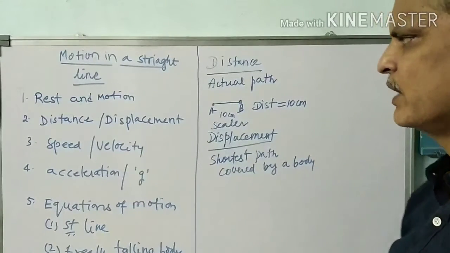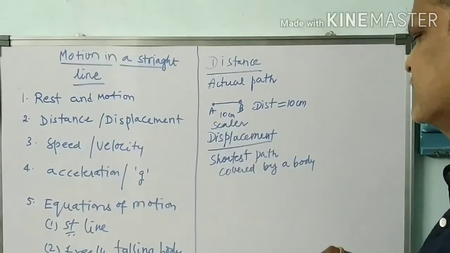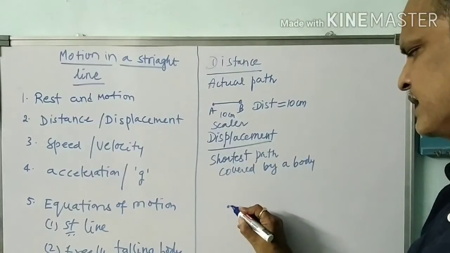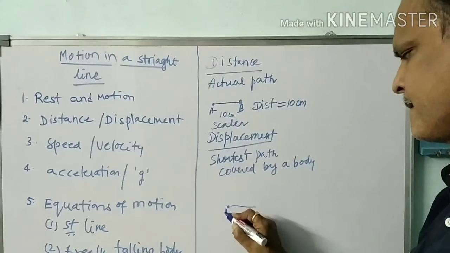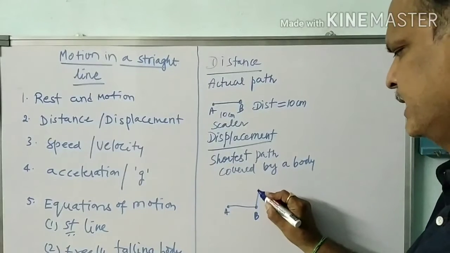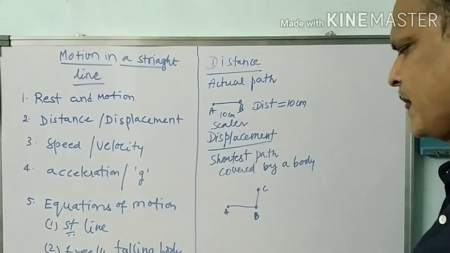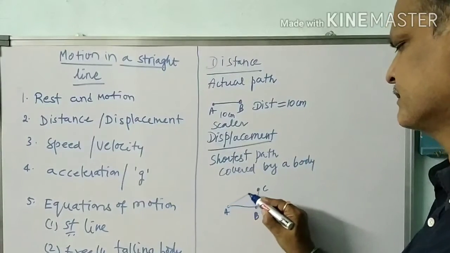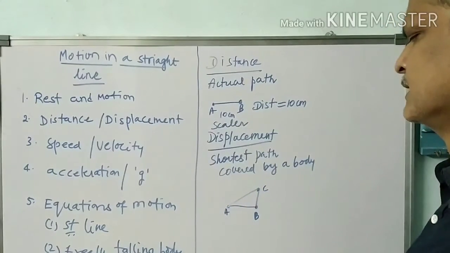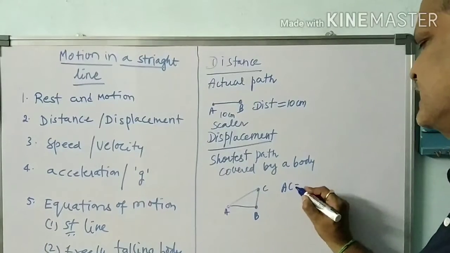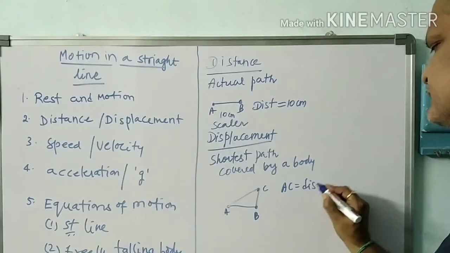For example, the body starts from A and moves to B. From there it goes to C. Now the shortest path is AC, so AC is the displacement of the body.